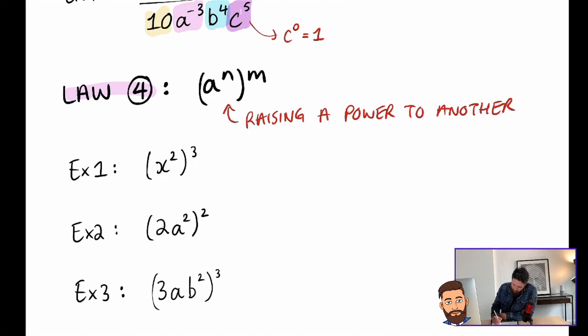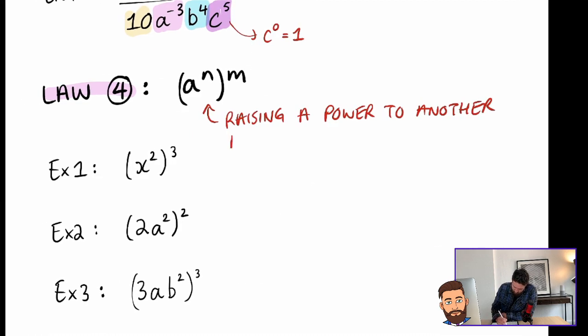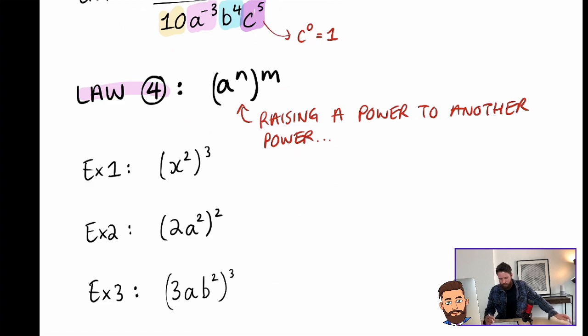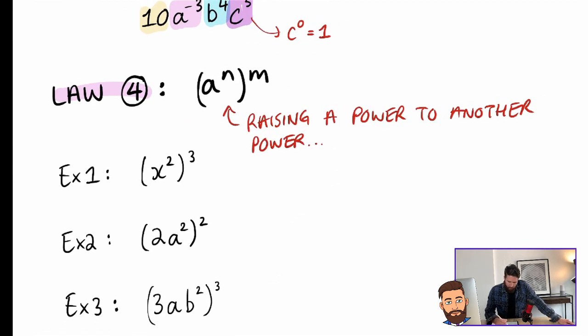Raising a power to another power. Okay? So what this says, it says we have got some number or some letter with a power and we're going to raise it to another power. So let's have a look what that means.